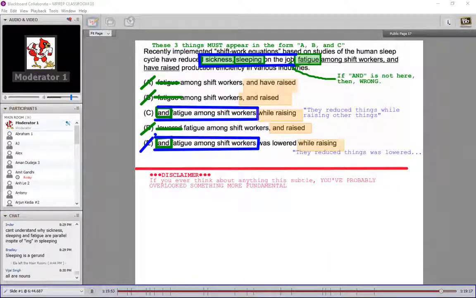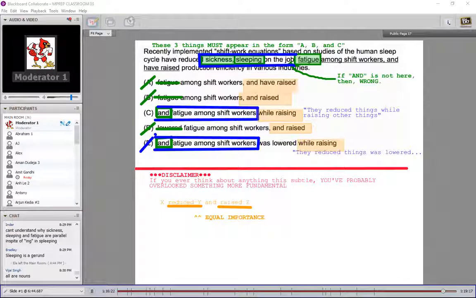Okay, let's do this. We gotta get out of here in a couple of minutes. So let me just tell you what's happening there at the end. If you say things like x reduced y and raised z, these are parallel structures, which would mean that they have equal importance. That's pretty much by definition what parallel structures do. It's the same thing as bullet points on a PowerPoint slide.